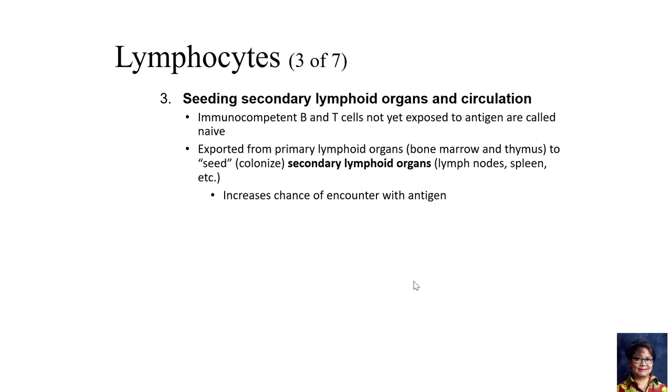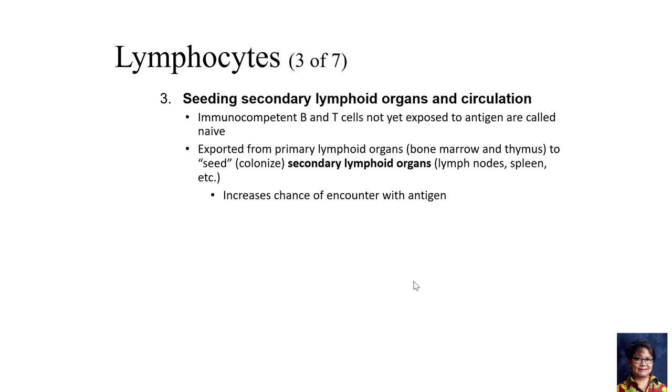After staying in the primary lymphoid organ, which is your bone marrow and the thymus gland, when they are released, they're released in the bloodstream. They don't stay in the bloodstream. They have to pretty much stay in hubs. And this is actually what is meant by seeding the secondary lymphoid organs and circulation.